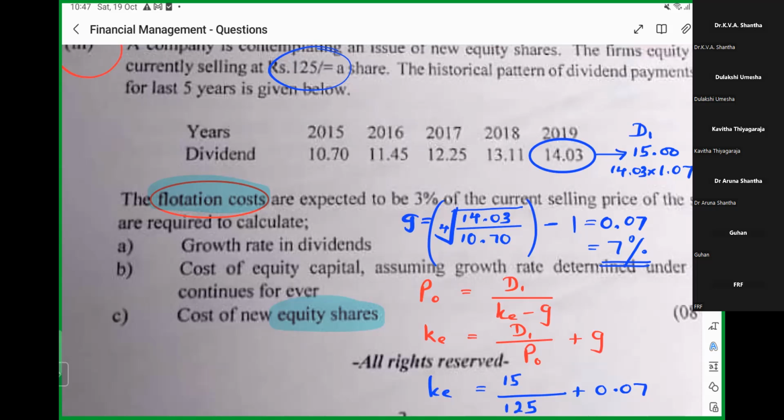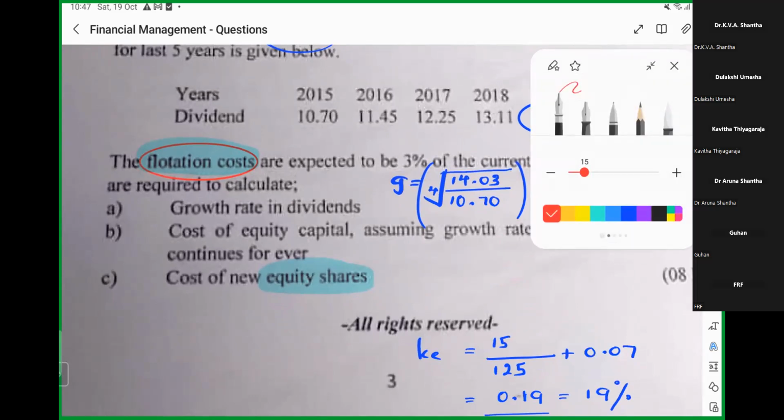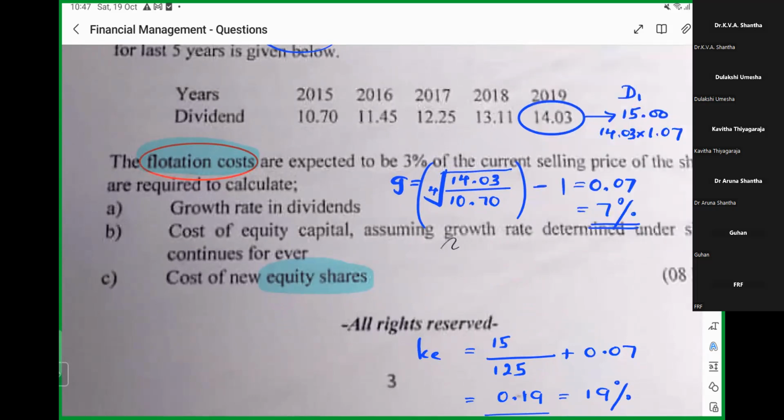So when you calculate the cost of new shares, you have to adjust for the flotation cost. Now you know the cost of equity calculation: K equals D1 divided by price plus growth rate. This price should be adjusted for flotation cost. Flotation cost is given as a percentage, 3%.